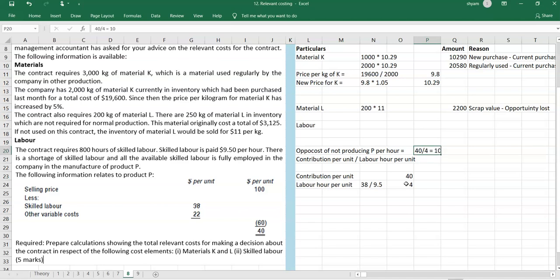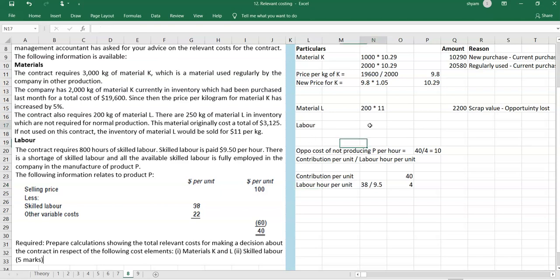So each hour, the contribution, the opportunity cost of not producing P, is 10. Additionally, we should also add the variable cost.